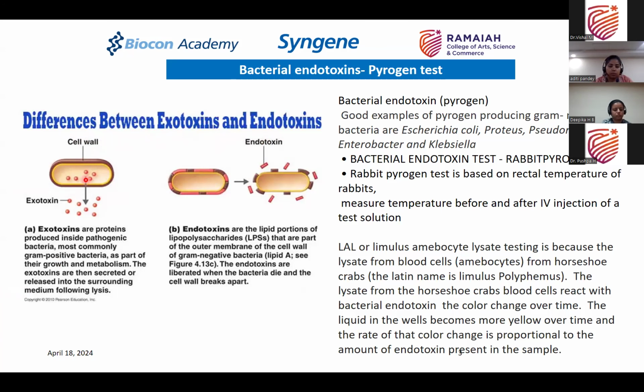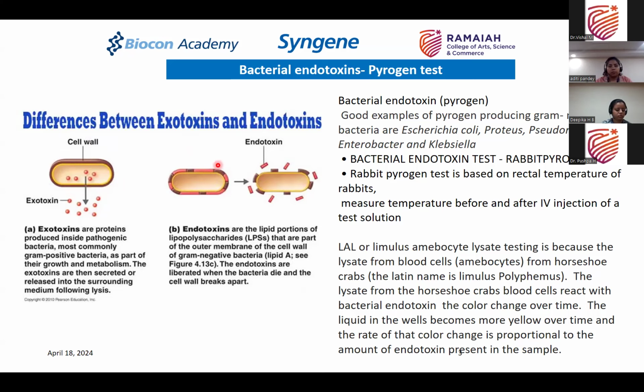Exotoxins are proteins produced inside pathogenic bacteria, most commonly gram-positive bacteria, during their growth and metabolism. They are produced inside and excreted outside, and they are released during the process of lysis. Lysis in the sense what? The breaking down of the cell wall and the cell membrane. Those are called exotoxins.